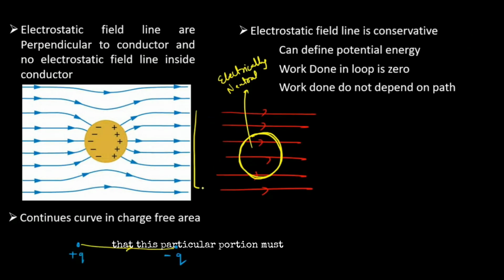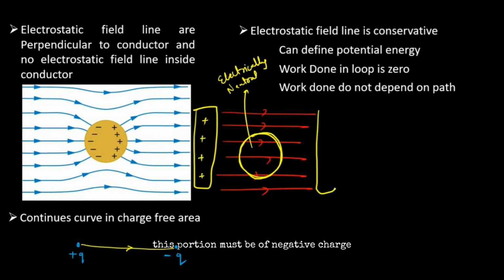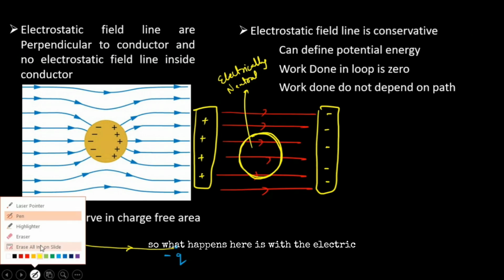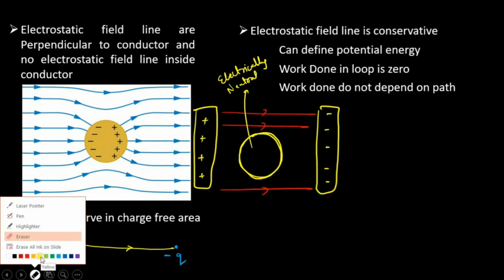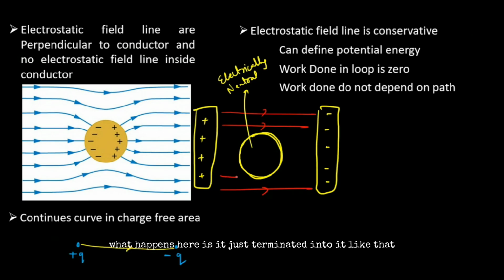So I can assume this particular portion must be of positive charge and this portion must be of negative charge. The electric field which is supposed to pass through the conductor will not pass through like that. It just terminates into it.